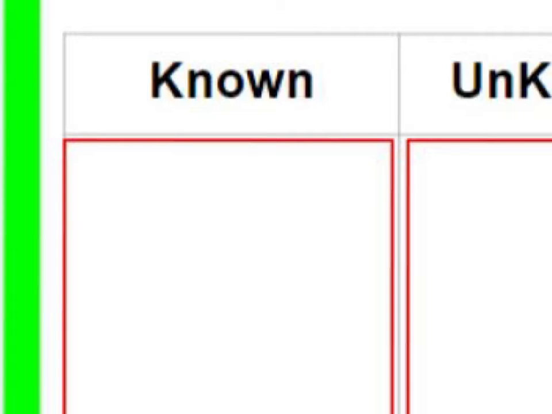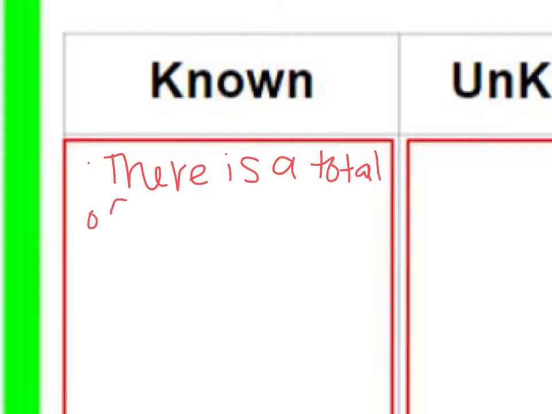Okay. So the first thing we know is that there is a total of 18 apple trees.